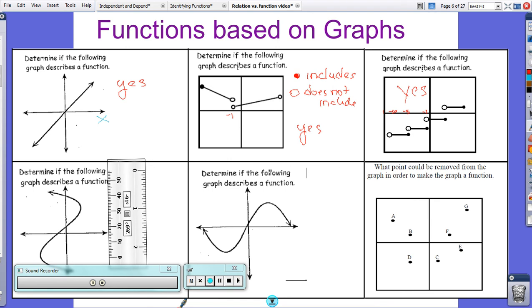Okay, so I'm going to leave that up to you. If we run over the function, do you touch it twice?